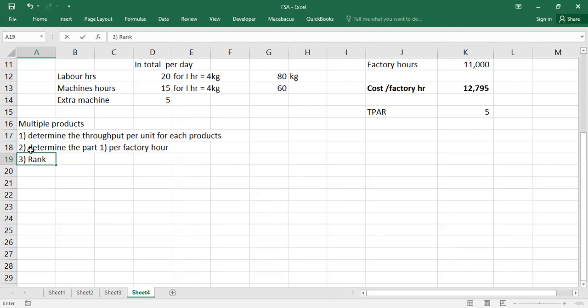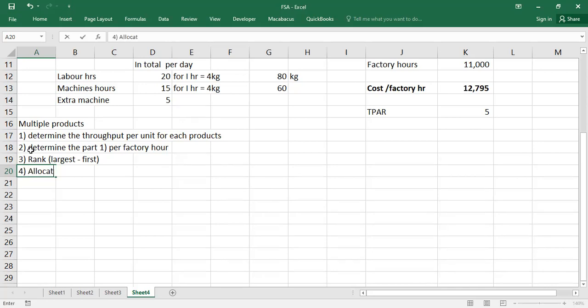Now, in ranking, the largest becomes first, in that order. Second largest, second, third largest. Then after ranking, we do what we call allocation.